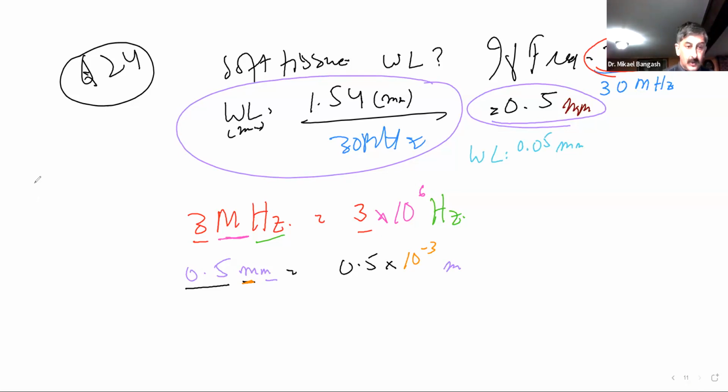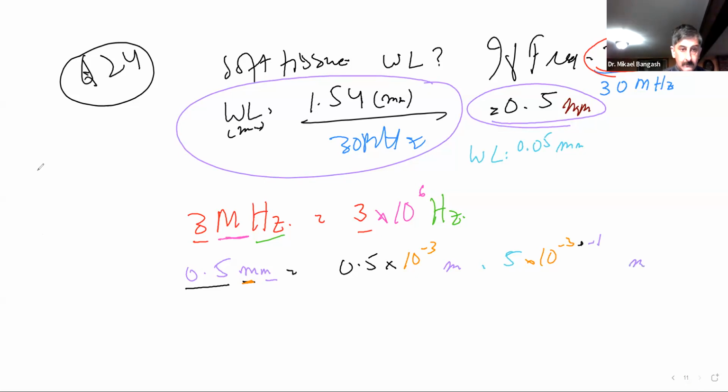Or we could write it as a whole number, where 0.5 becomes 5. Then at this 10 raised to the power minus 3, you will add another minus 1, and it's still meters.